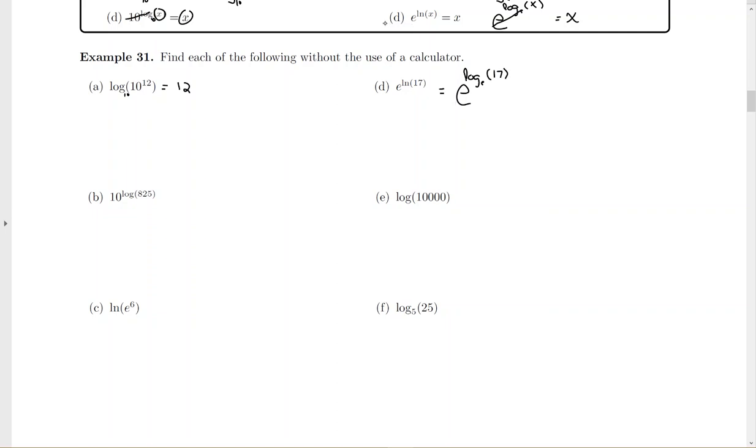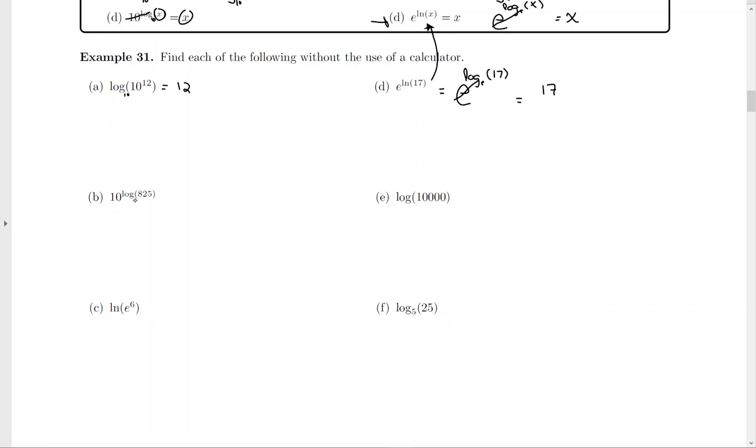And again, that follows this property right down here, letter D. Cancels out, I'm left with 17. You don't really even need to write this intermediate step in if you refer back to this property right here.